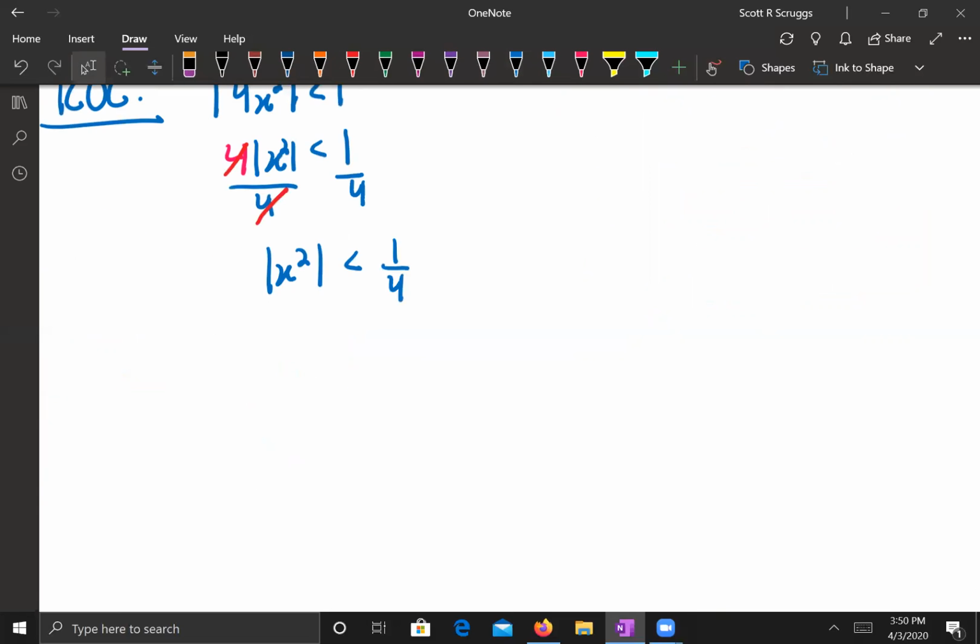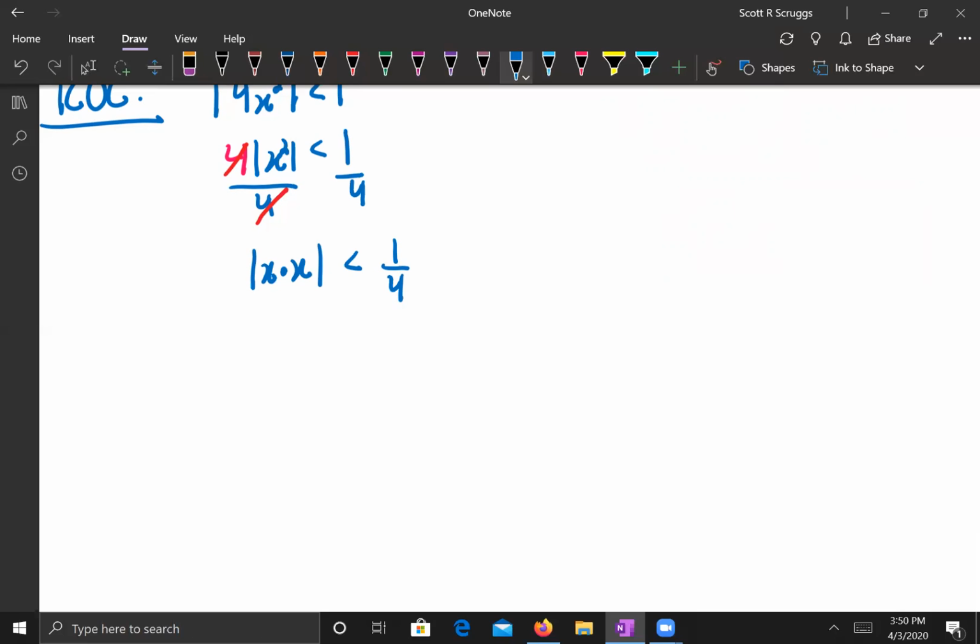And now my next step is, I need to get rid of that square. Well, I'm now going to use my property again of multiplying two numbers. And I claim that I can move that square outside the absolute value. And the reason why: x squared is just x times x.